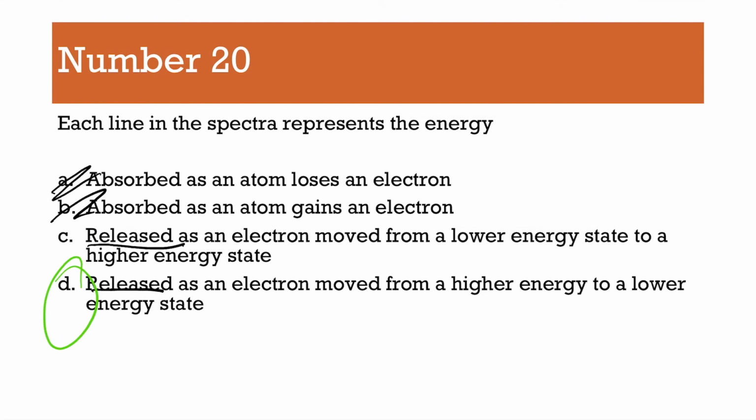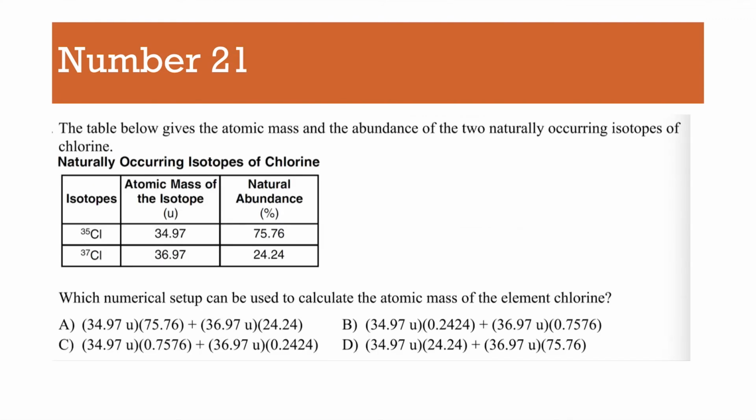And the only way for an electron to go to a higher energy state is if it absorbs that energy. So C doesn't make any sense. D is the only one that makes sense. An electron releases energy in the form of light when it moves from a higher energy state to a lower energy state. That phrase is the answer to so many of these types of questions.